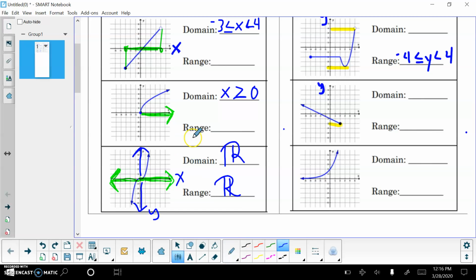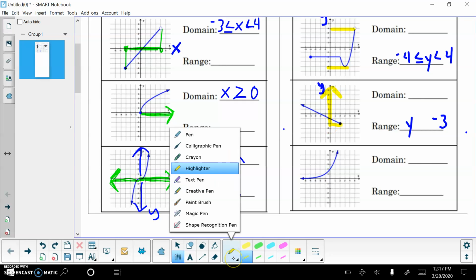So I'm going to come back over here and do my range letter is y and my number is -3. Now if I look at what's happening on the graph after that, it's shooting up and to the left, but we don't really care about the left and the right because that's domain. The fact that it is going up means that it is traveling up this y-axis. And up means it's getting greater than.